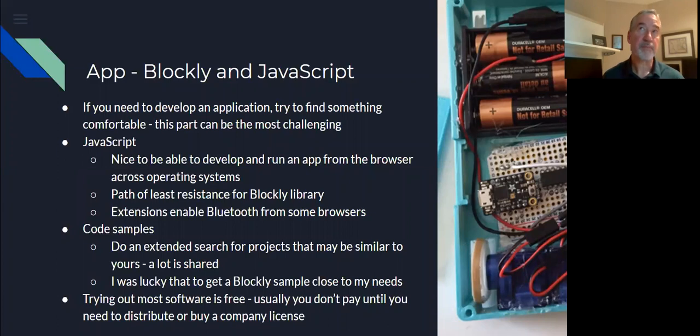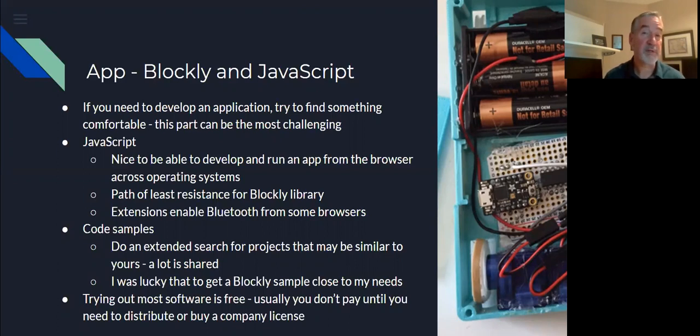So I've got an Android phone, and I run the code in the browser. In that context, there's the software stack for Bluetooth, and then that sends the commands to the robot. So this side of JavaScript and browser-based development I found is very nice for what I have to do.